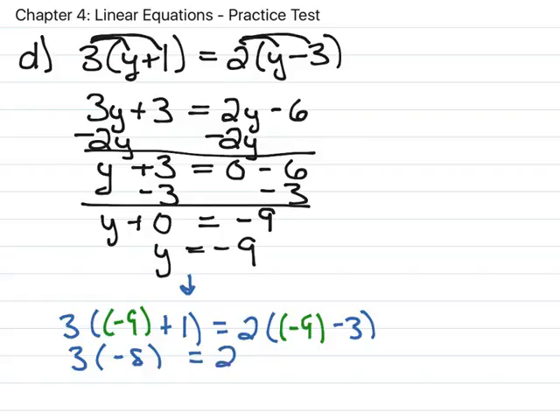And then you have negative 9 minus 3, so negative 12. So 3 times negative 8 is negative 24. 2 times negative 12 is negative 24. They equal each other. It is correct.